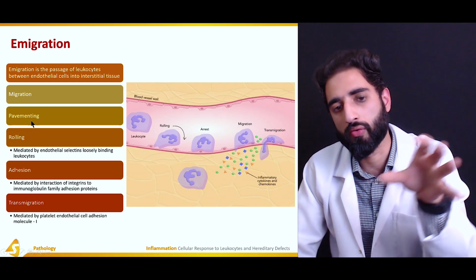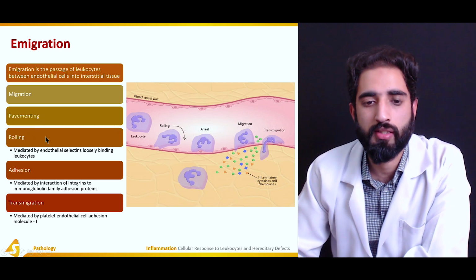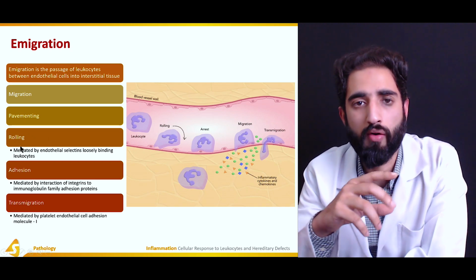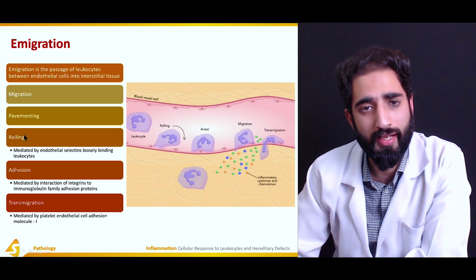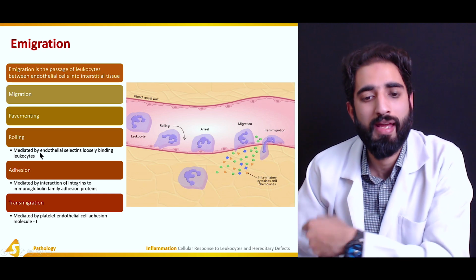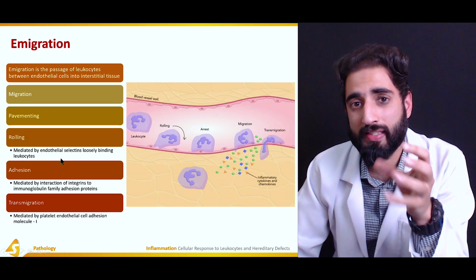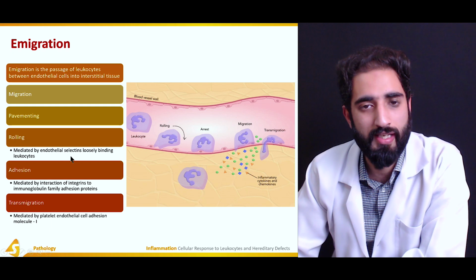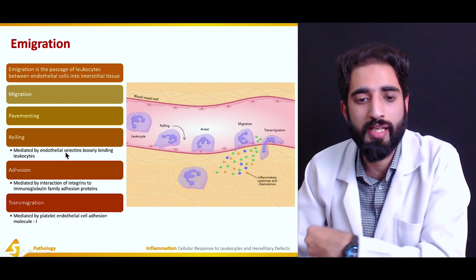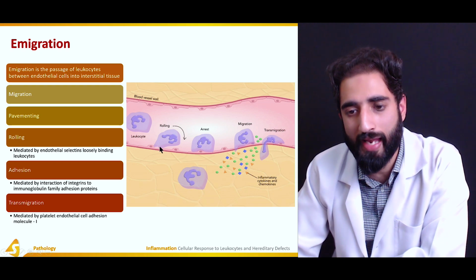When they start to accumulate in that area, different types of activities start to occur in the cell, which is known as rolling. Rolling is mediated by endothelial cell selectins, which are different types of adhesive molecules, as we studied previously. Those endothelial selectins loosely bind the leukocytes to the endothelial cells, and that is why they result in rolling.